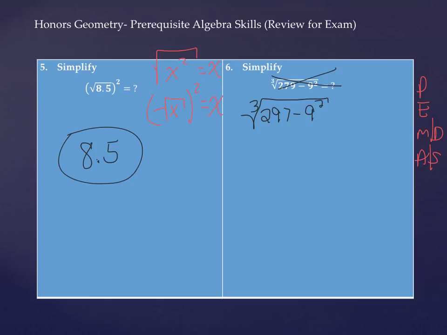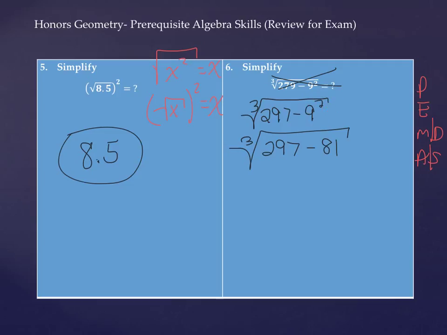So let's take a look at 297. Let's simplify a little bit here. We've got the cube root of 297 minus, and we're going to take the square of 9. Now notice I didn't turn this into a plus 81. This subtraction is not at all part of that exponent, so don't be fooled here.